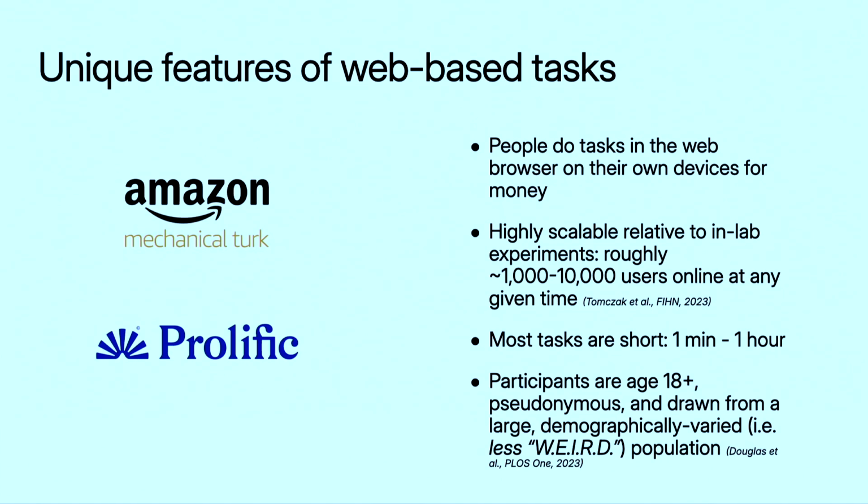But these are adult participants. They're anonymous to some extent, and they're drawn from a large, again, international population. So this is less WEIRD, which is an acronym for Western, educated, industrial, rich, and democratic participants that you might normally get maybe 3 decades ago.